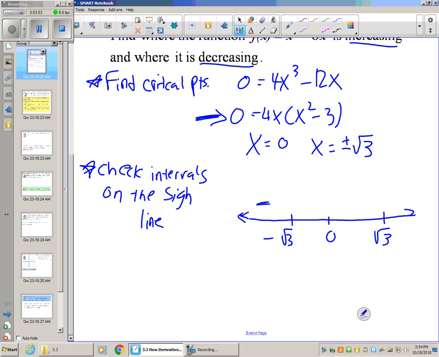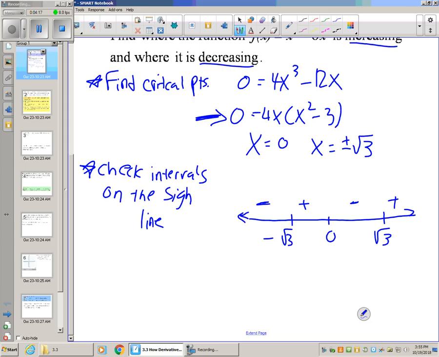Well, that would be a negative times a negative, which is positive. If I plug in positive 1, that would be a positive number times a negative number, so that's negative. If I plug in, say, 5 or 10 or anything bigger than square root of 3, it's going to be a positive times a positive, which is positive.